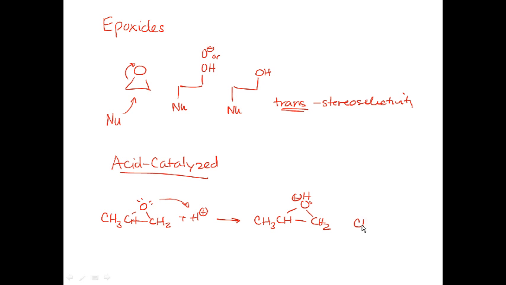So I can envision this intermediate as having partial bonds from the oxygen to each of these two carbons, which share in the positive charge. I'm in essence transferring the positive charge from the oxygen to these two carbons, which are better able to handle it simply because they're less electronegative than oxygen.